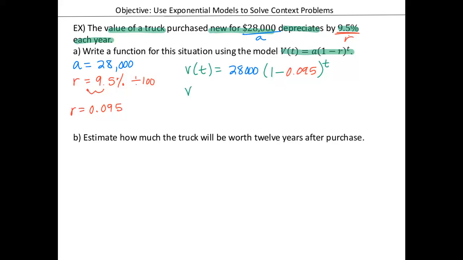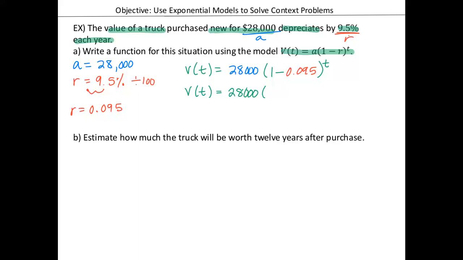So I have v of t is equal to, simplify the parenthesis part, so 28,000. What's 1 minus 0.095? You guys put that in a calculator. What's 1 minus 0.095?